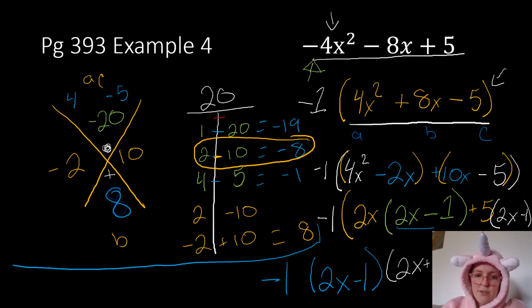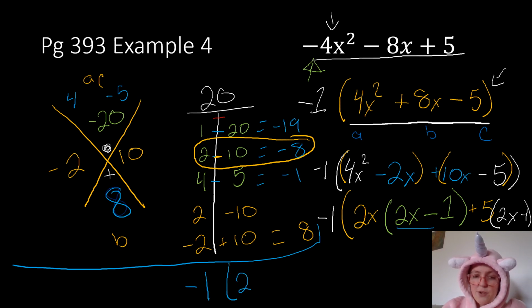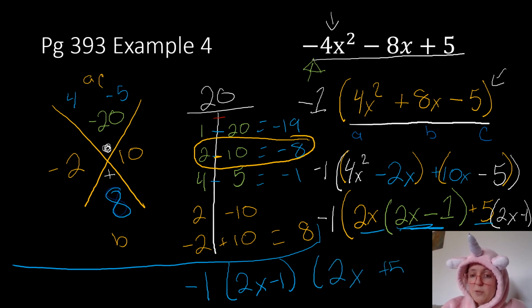Oh, there's a 5 there. Let me rewrite that. That didn't work. That'd be funny. Oh, well. So we had our -1. We had our 2x minus 1, these guys that were inside. And then we have our 2 homeboys that were outside, our 2x and our plus 5. And now we're into our factored form. So we're fully factored here.